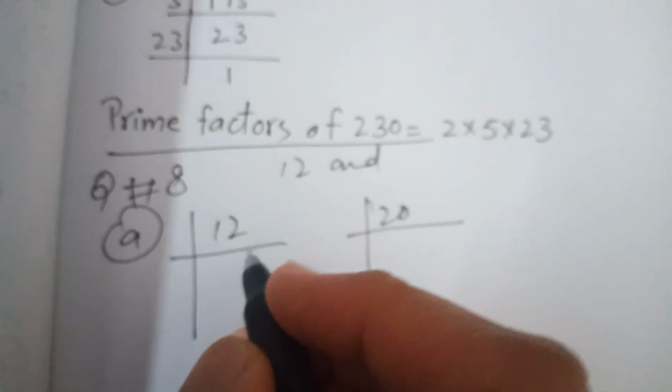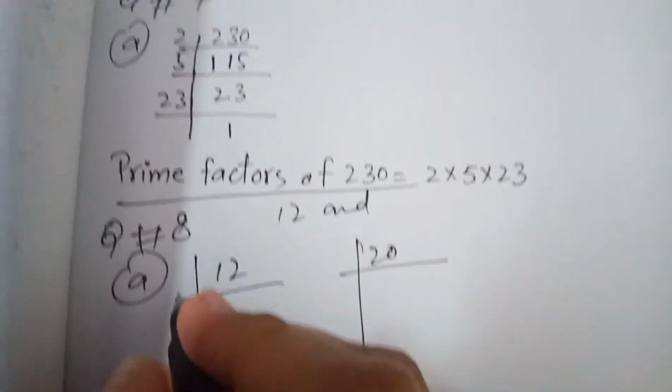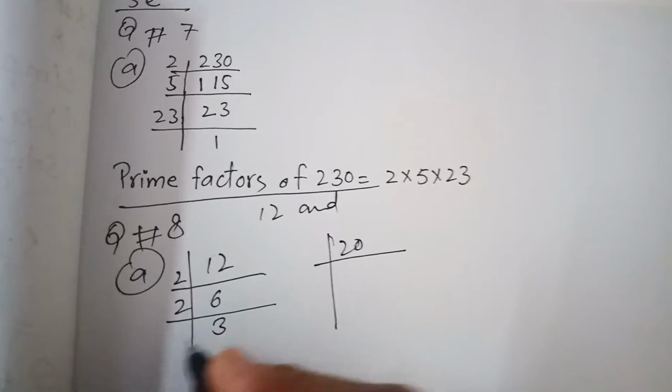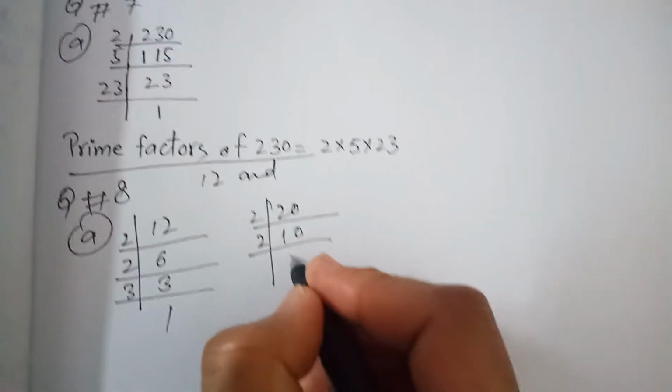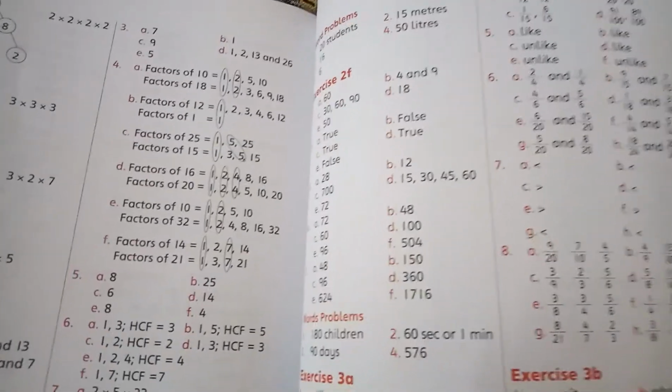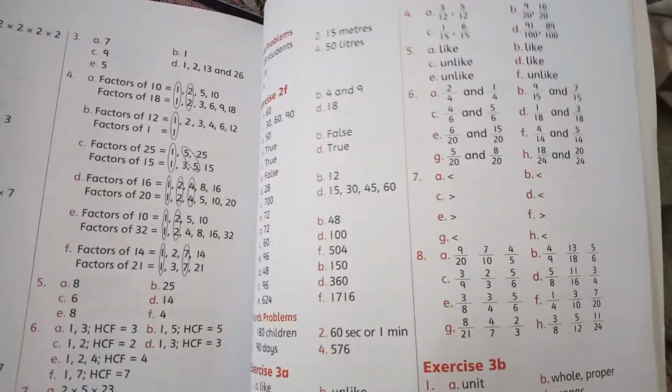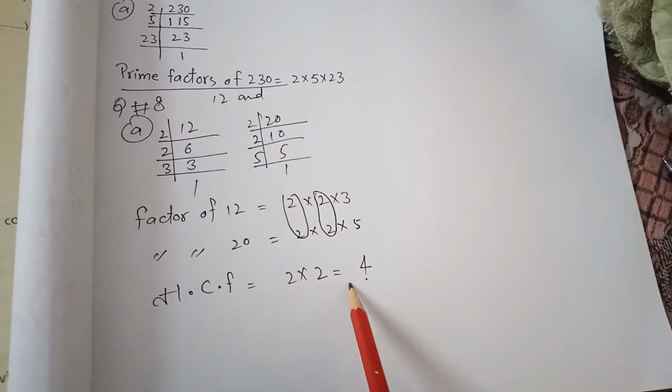We are finding the prime factors of these, 12 and 20. 2 sixes are 12, 2 threes are 6 and 3 ones are 3. 2 tens are 20. 4 was the HCF.